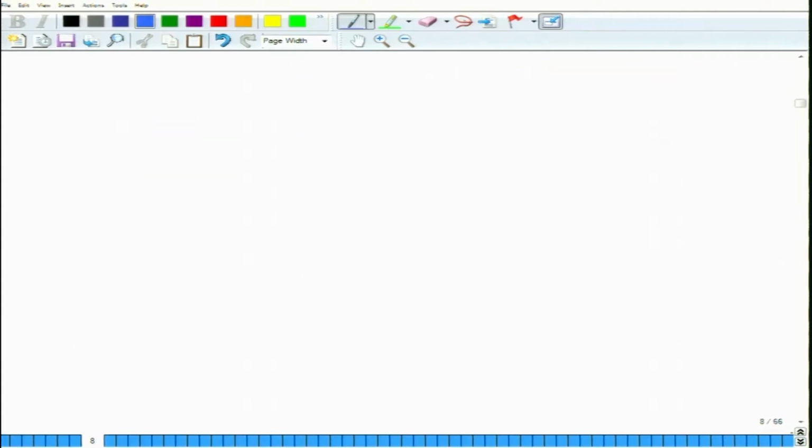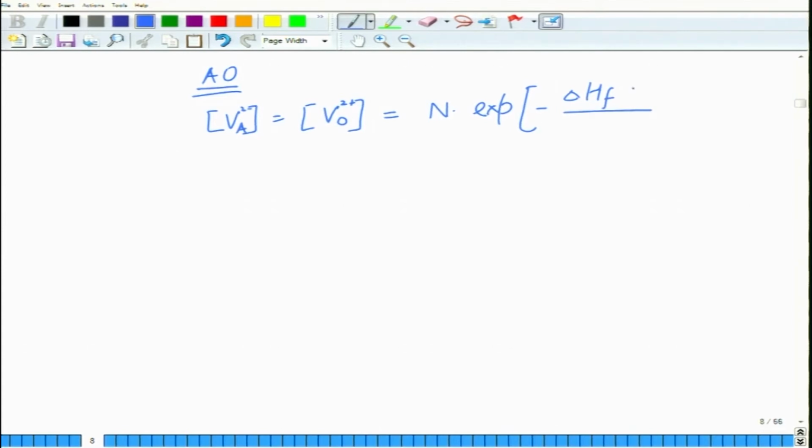For Schottky defects, ionic defects, the equation will change a little bit. Since you have vacancies, let us say vacancy of A is equal to vacancy of O, for an AO solid, this would be 2 minus, this would be 2 plus, and this is basically total number of sites N exponential of minus delta Hf, which is the enthalpy of formation of vacancy, divided by 2kT.